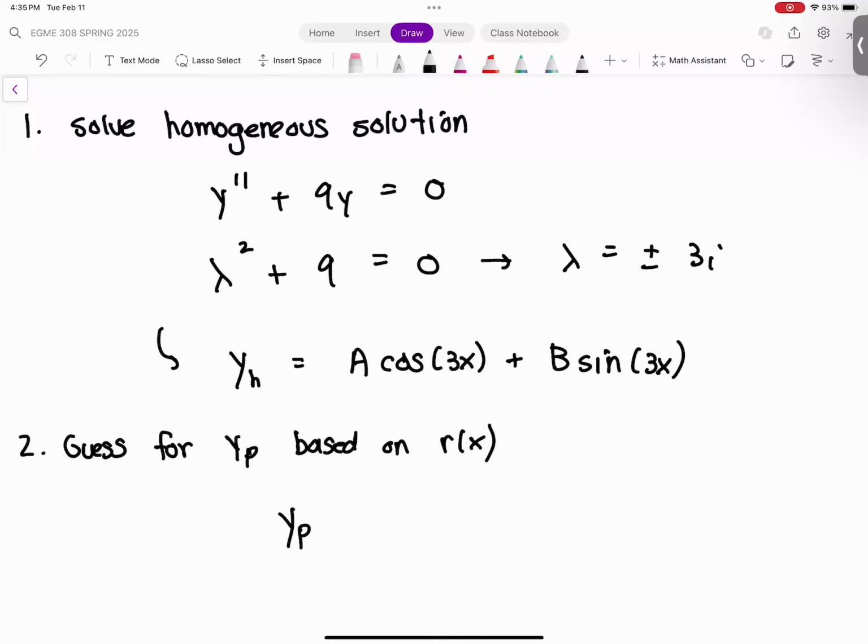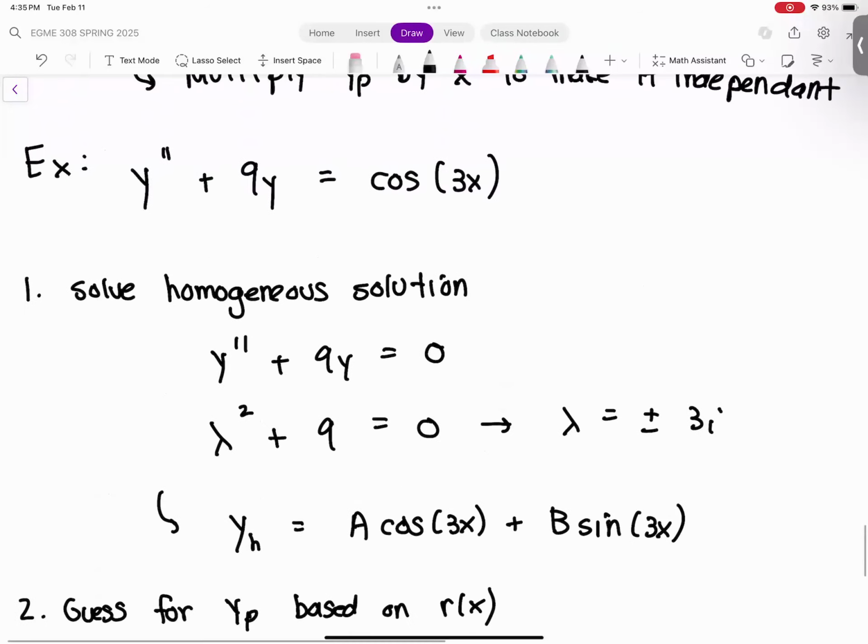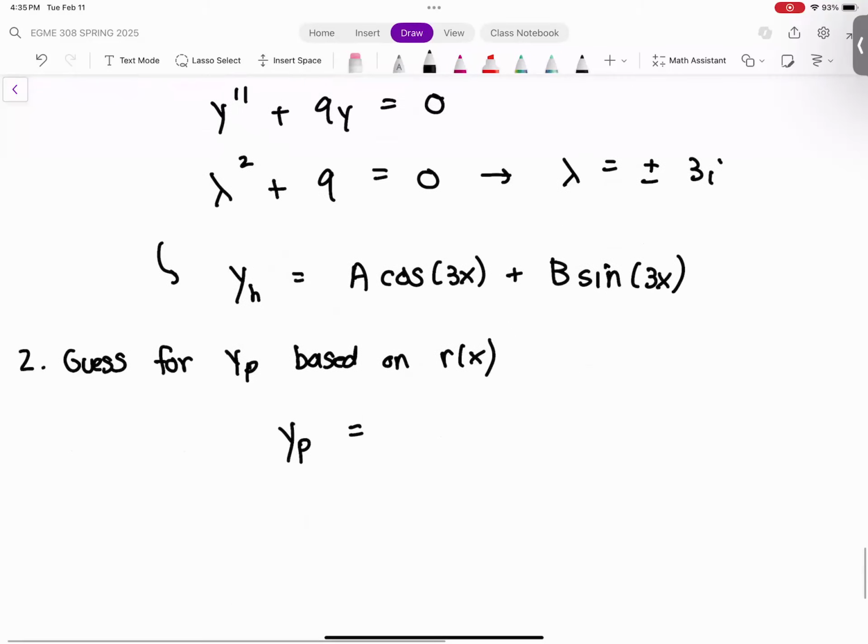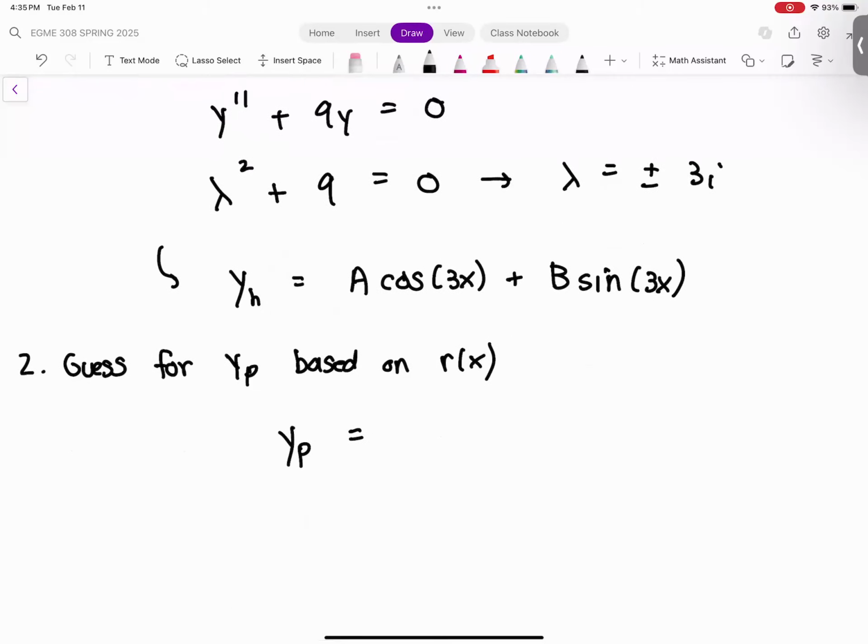So y_p should be a sinusoid of the same frequency as the forcing term here. So let me call this c cosine of 3x plus d sine of 3x.